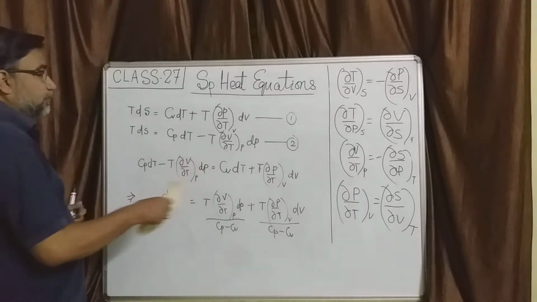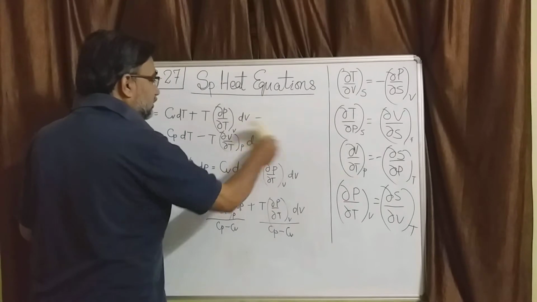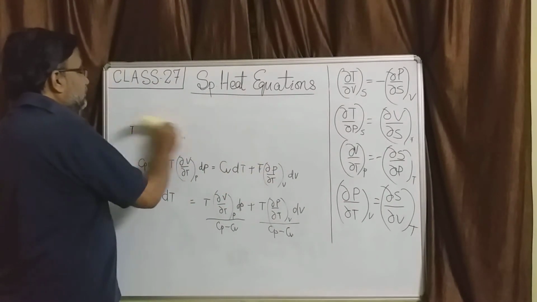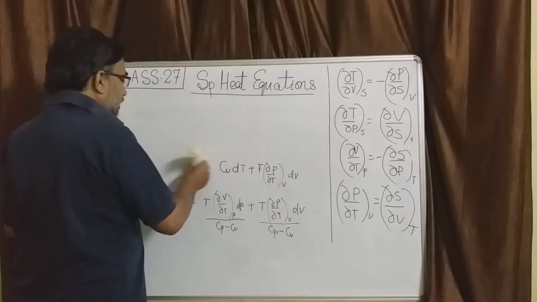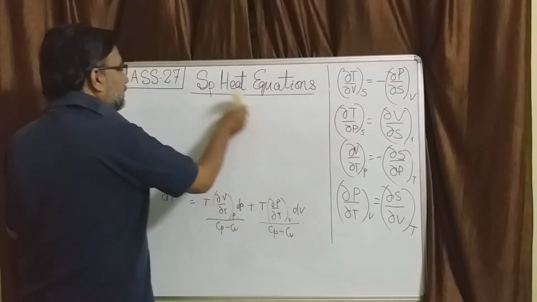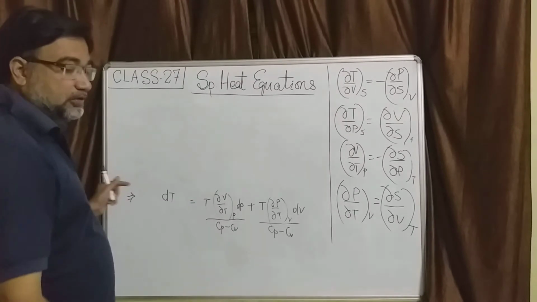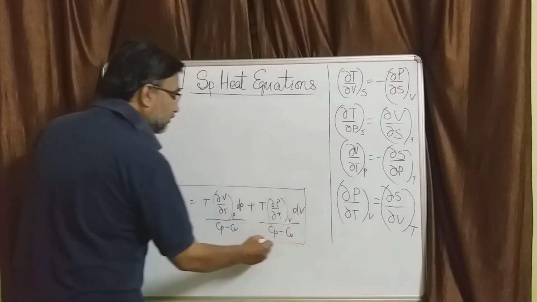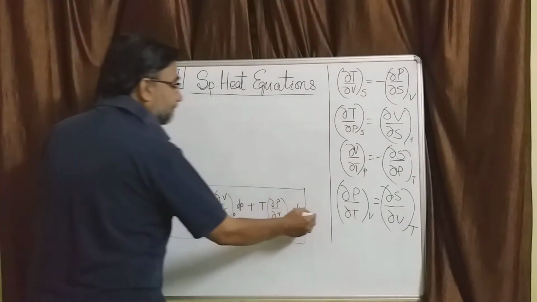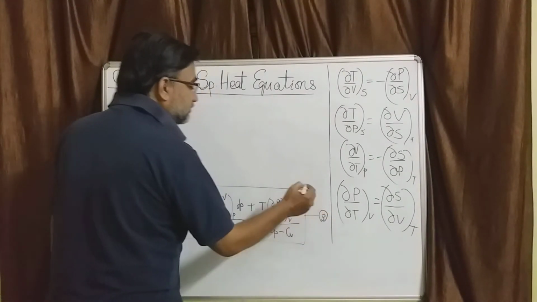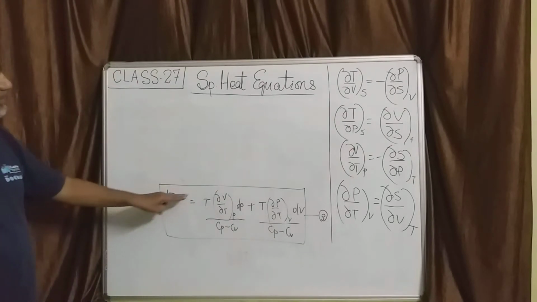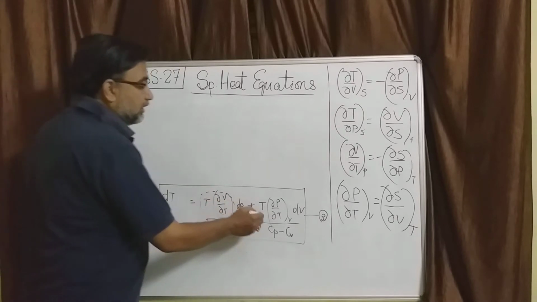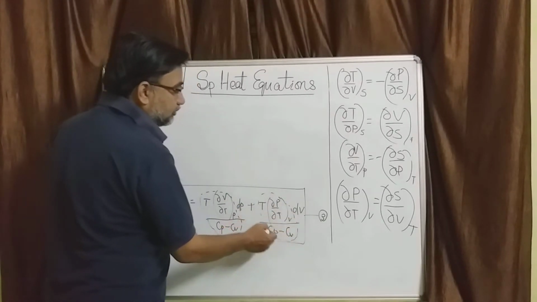Now from this we will proceed further. So you see the sequence of equations, how it is progressing and how we are going to finally obtain a relationship for Cp minus Cv. Now dT is equal to this much. Now this is say equation 3. Now you can see that dT is one term into dP and another term into dV.